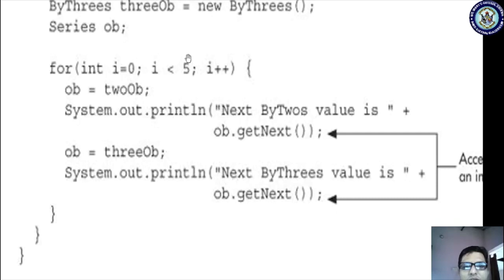So next 6, 9. Next 8, 12. Next 10 and 15. Because every time you are calling through the variable, it is referring to the other class object. Yes, so that is the concept.